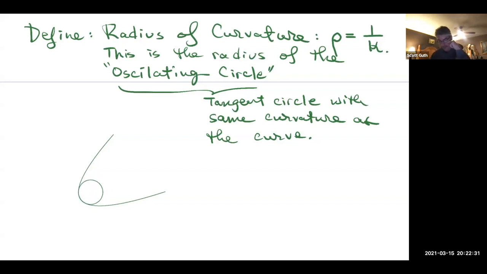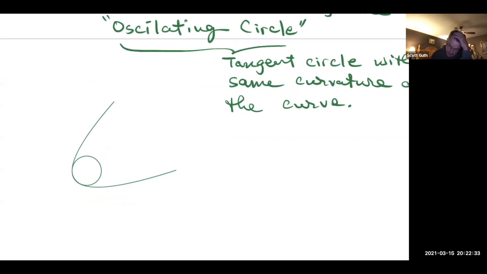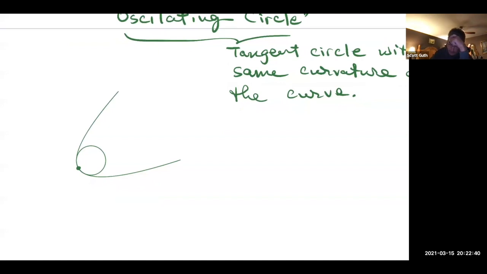Ooh, that's pretty good right there. Okay, so let's just go ahead and pretend that the curvatures match there. And let's just say at this point, the curvature is kappa.